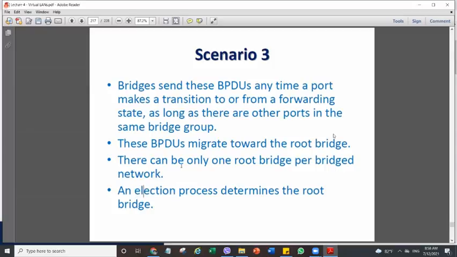So the second statement, BPDUs migrate towards the root bridge. I think whatever information is generated by non-root bridges will be forwarded to the root bridge. That might be the understanding.